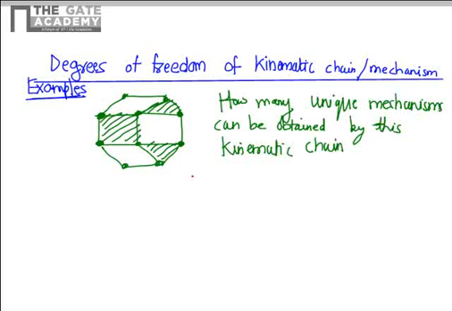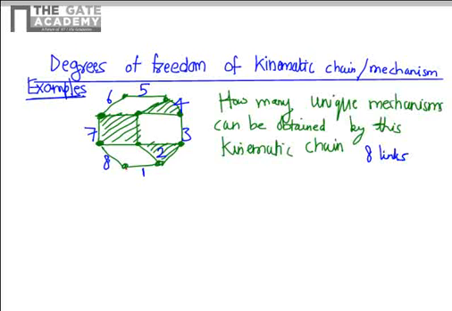So first thing towards solving this problem is to find out the degree of freedom of the mechanism. That itself may be a question. For that, we'll just label the various links in the mechanism 1, 2, 3, 4, 5, 6, 7, and 8. So as you can see here, it's 8 links in the mechanism.